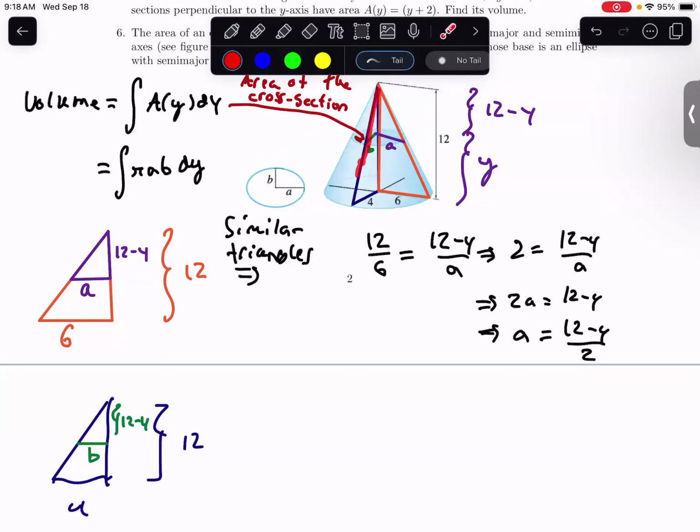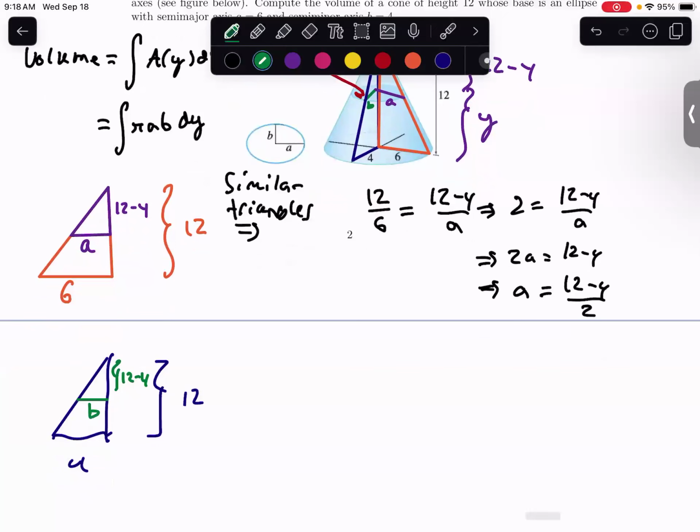So I'm looking at this triangle now that I'm highlighting in red. By similar triangles, we have 12 over 4 is equal to 12 minus y over B. And then you just solve for B. So you get B is equal to (12 minus y) over 4. No, over 3.